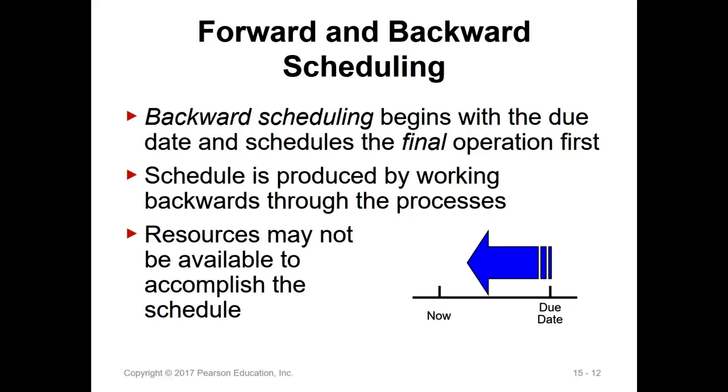So they always consider, I want to make sure the job meets the due time. And in this case, a resource may or may not be available to accomplish the schedule. That means your capacity is not enough. So maybe we see the limitations of the physical capacity. You do not have so many classrooms to hold all of the students.